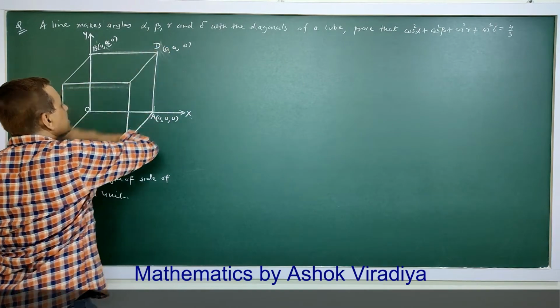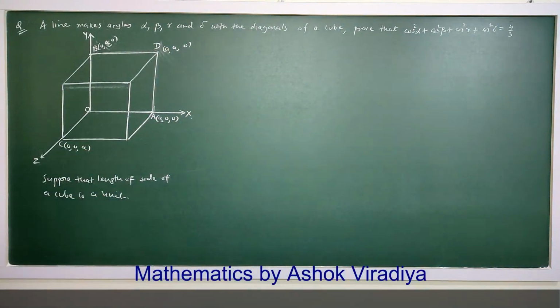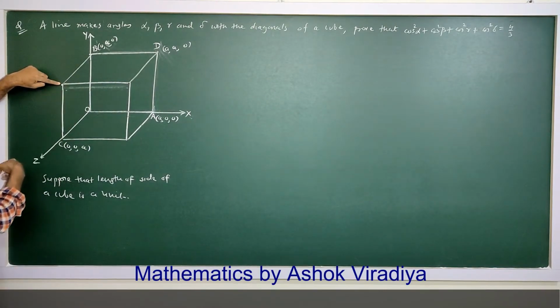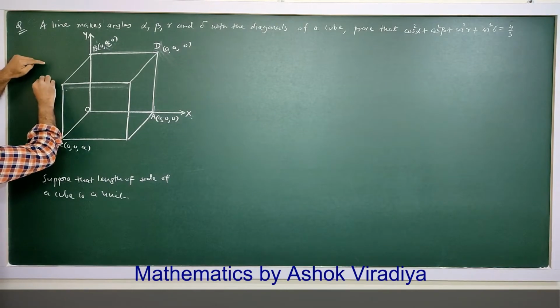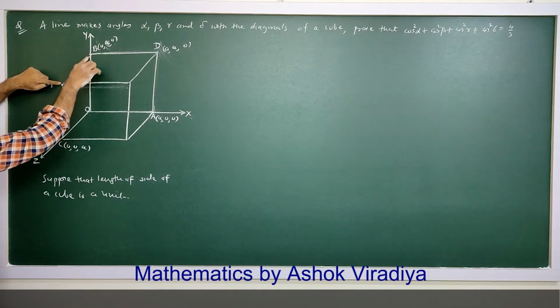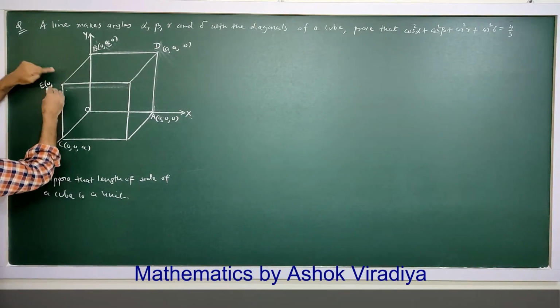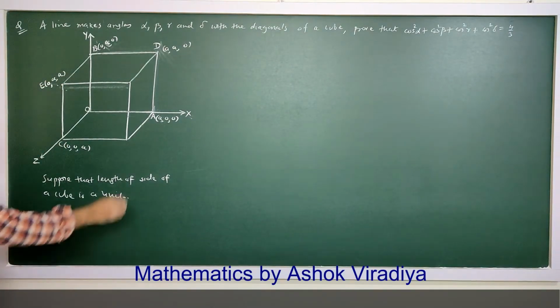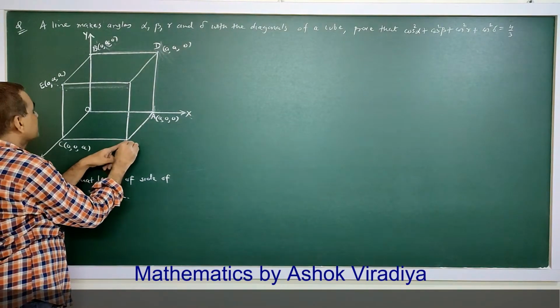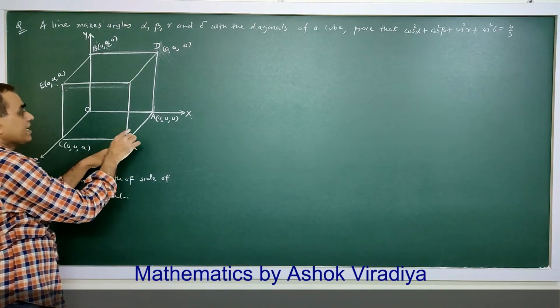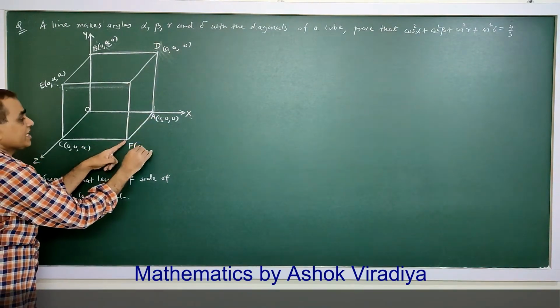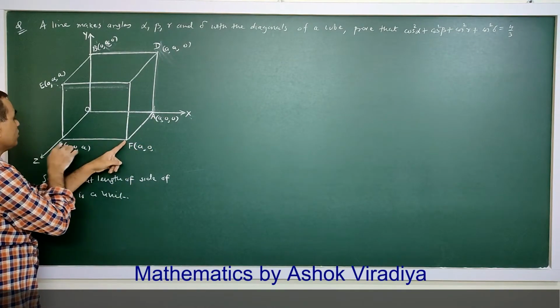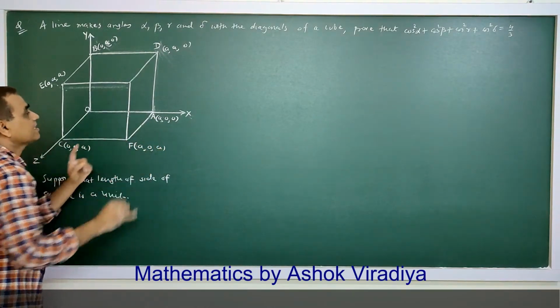Suppose this point is D. Now this point is on the yz plane, so its x coordinate is 0, y coordinate is a, z coordinate is a. This point is in the xz plane, so its x coordinate is a, y coordinate is 0 and z coordinate is a.